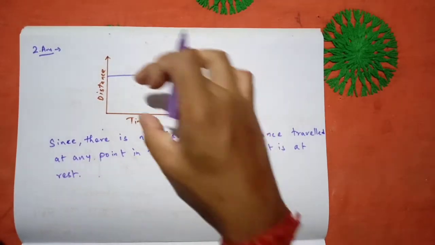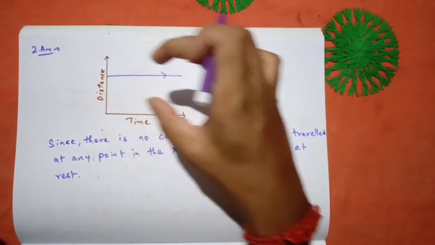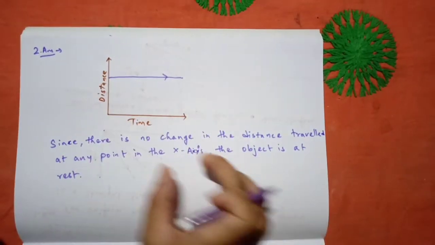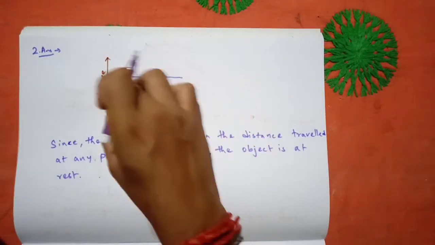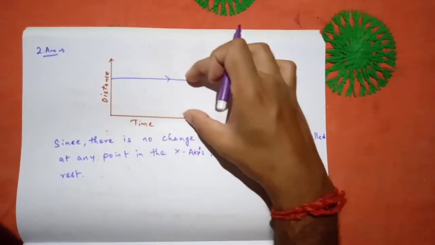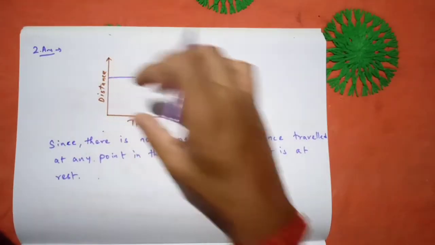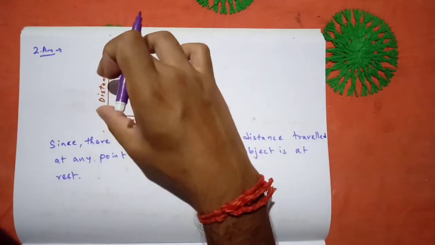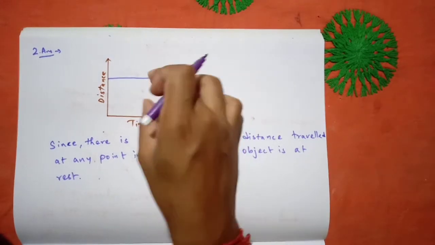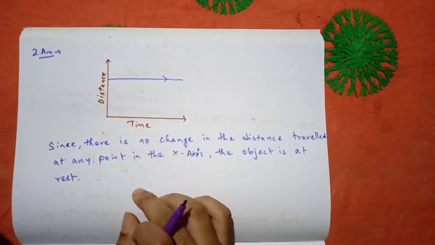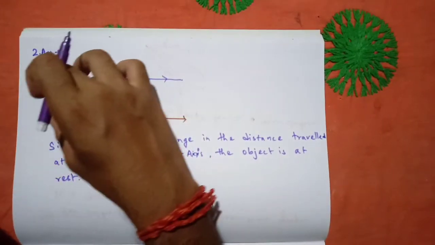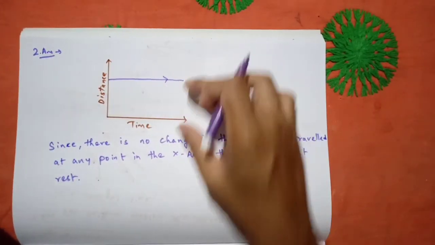Look at the distance, these two are parallel, because there is no change in the distance traveled at any point of the x-axis. That is why the object is at rest.